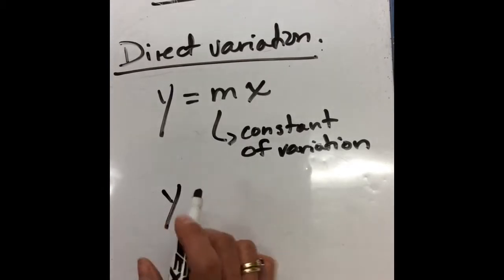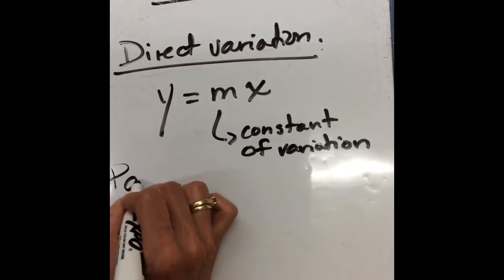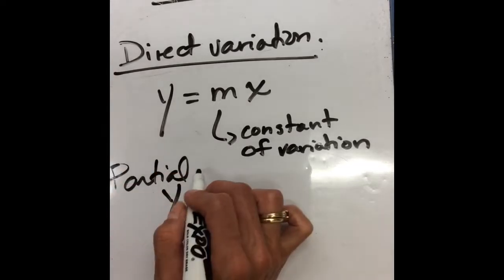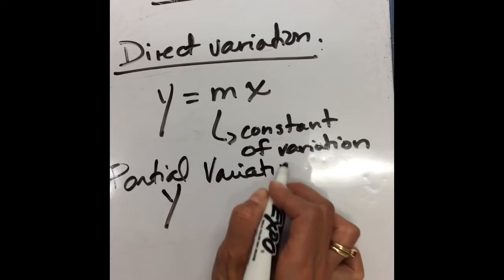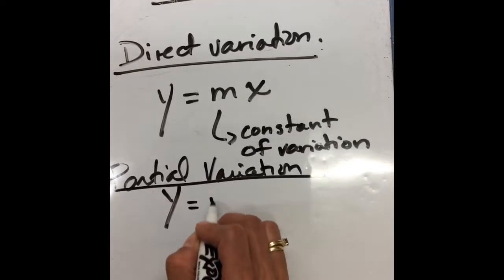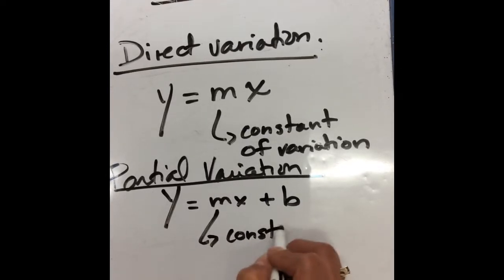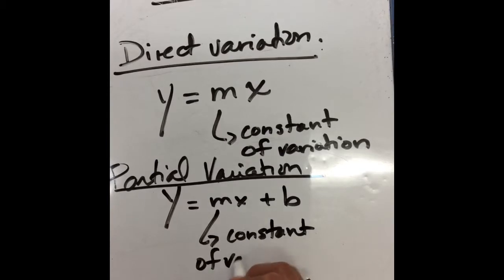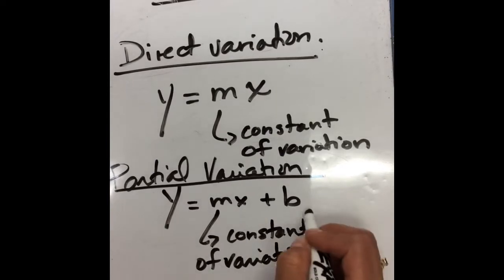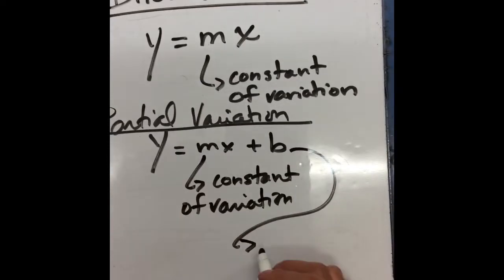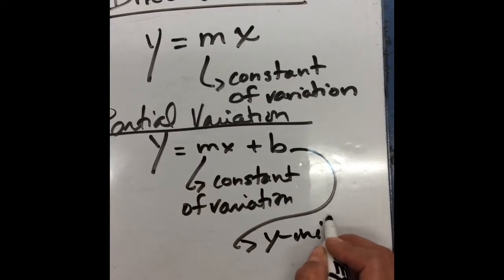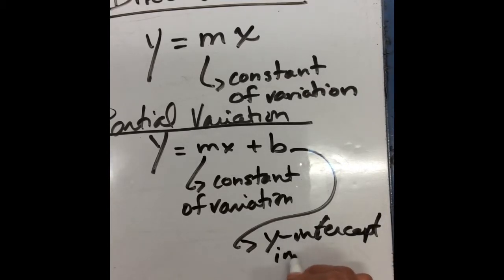And this is partial variation: y is equal to mx plus b. Again, this is the constant of variation. And this is the y-intercept, initial point or fixed point.